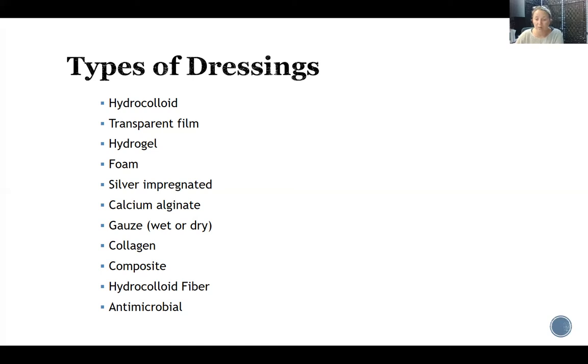Hydrocolloid fiber would be like Aquacel or Aquacel Ag. That is like a hydrocolloid, but also has that silver with it. It is 30 times more absorbent than the calcium alginate, so it is used if you have a lot of secretions. And then you also sometimes will have an antimicrobial dressing to prevent infections.